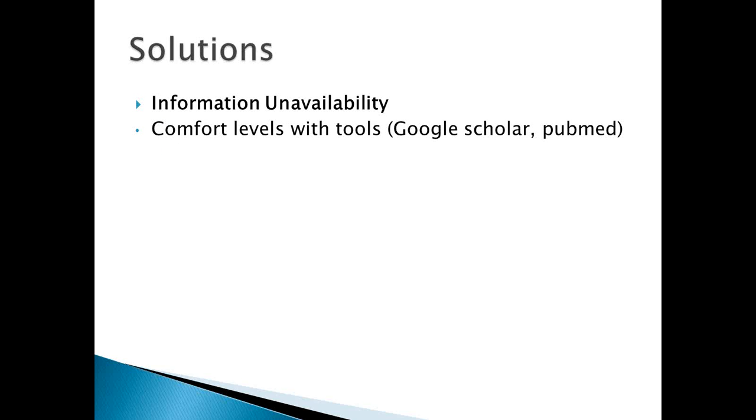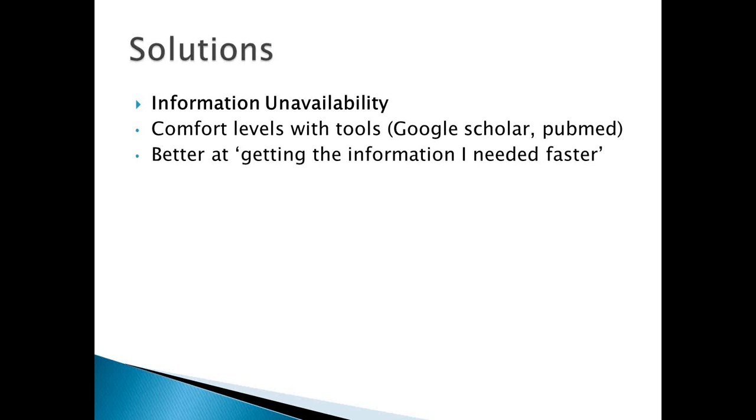The tools that I use, Google Scholar is another online tool, and it's basically a search tool that is specifically designed for finding scholarly literature. So it, along with PubMed, is two things that everybody should get to have some sort of confidence level with as far as finding information.